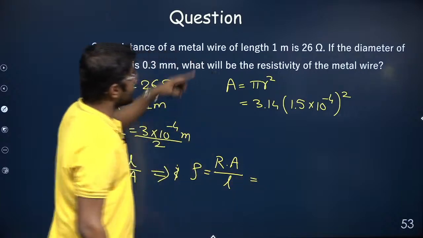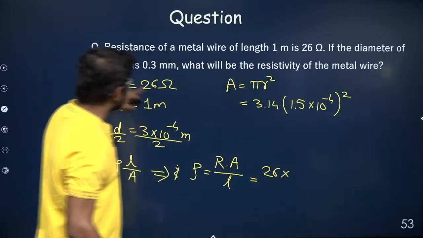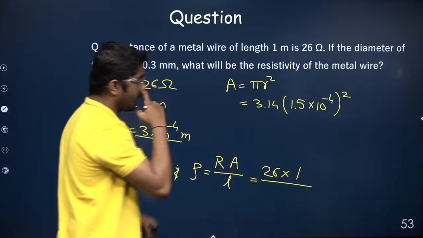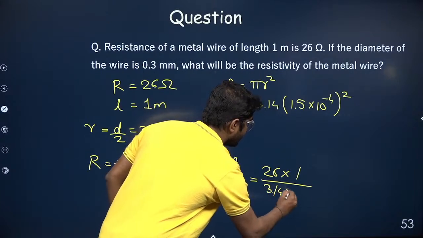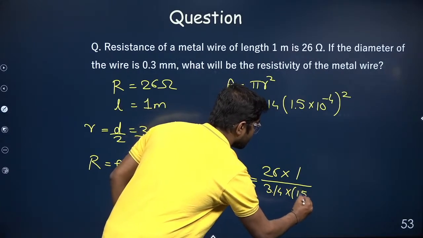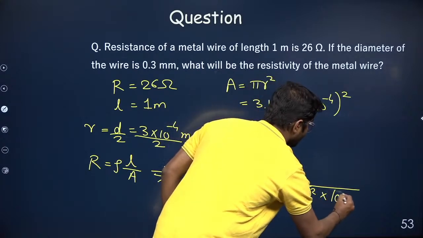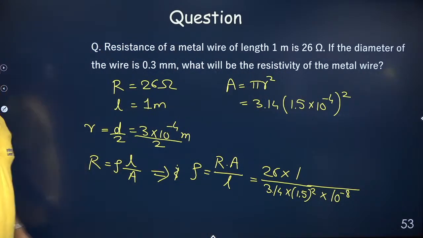How much is the resistance? 26 ohms. 26, length is 1 meter. So just as it is, divided by 3.14 into 1.5 square. This multiplied by 10 raised to minus 8. So solve this and tell me the value.